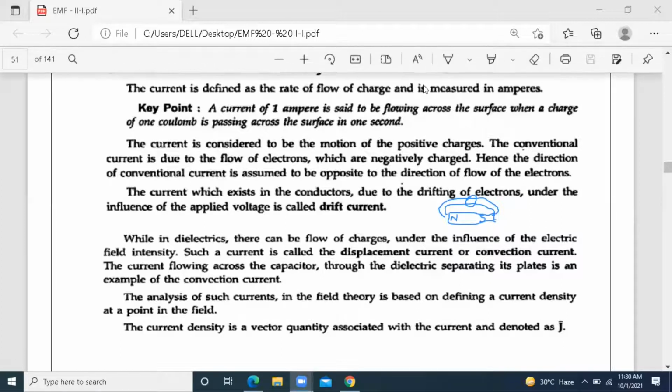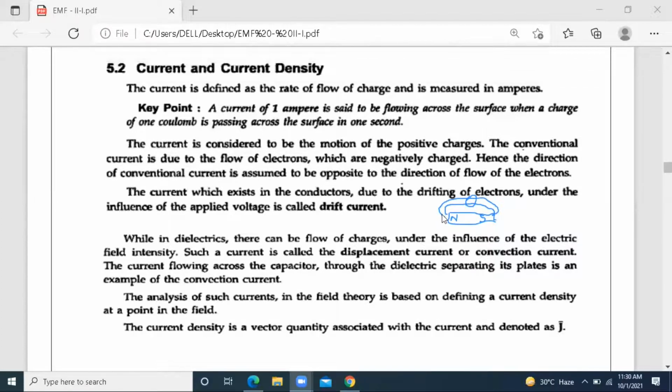But you don't have a conductor. And that current is going to be the drift current, sir. That's drift current. So you have a current that flows under the influence of electric field.